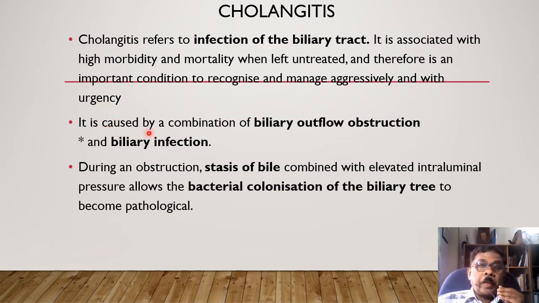Cholangitis is caused by a combination of biliary outflow obstruction, that means obstruction of bile in the ducts, superimposed with biliary infection. During obstruction, stasis of bile combined with an elevated intraluminal pressure in the biliary system allows the bacterial colonization of the biliary tree to become pathological.